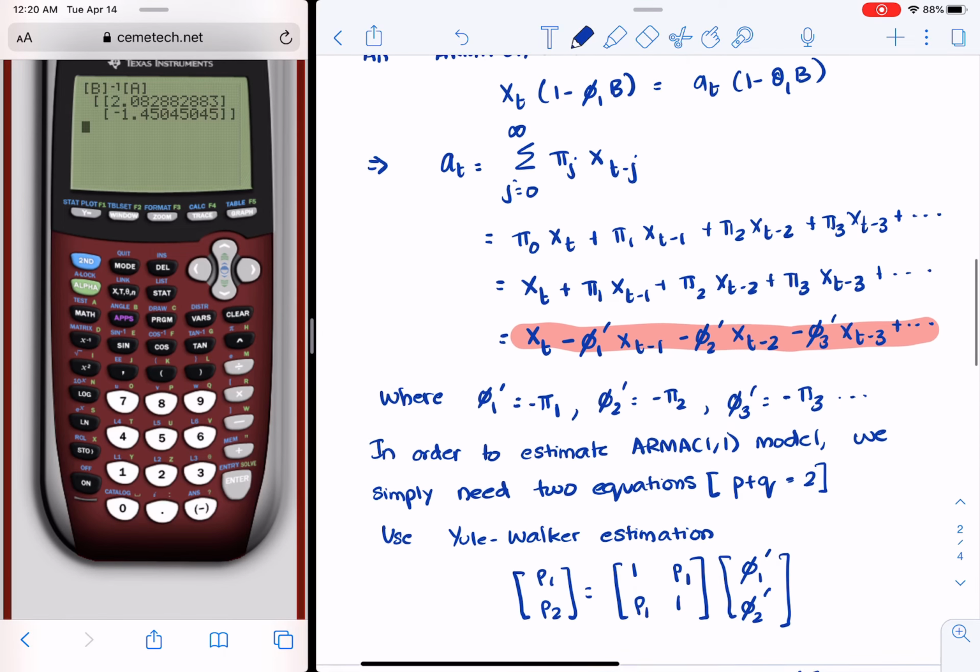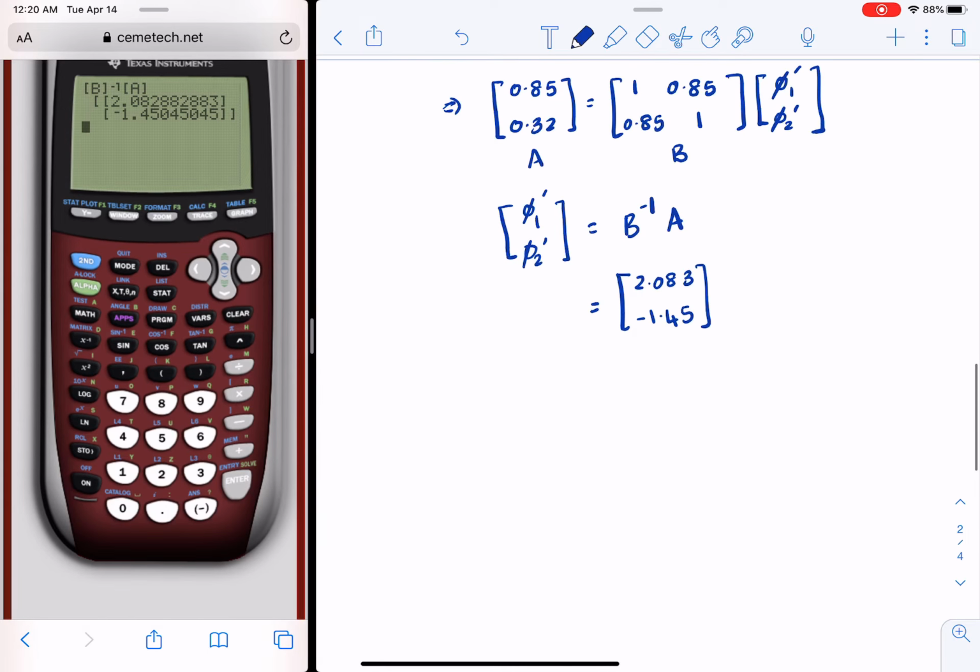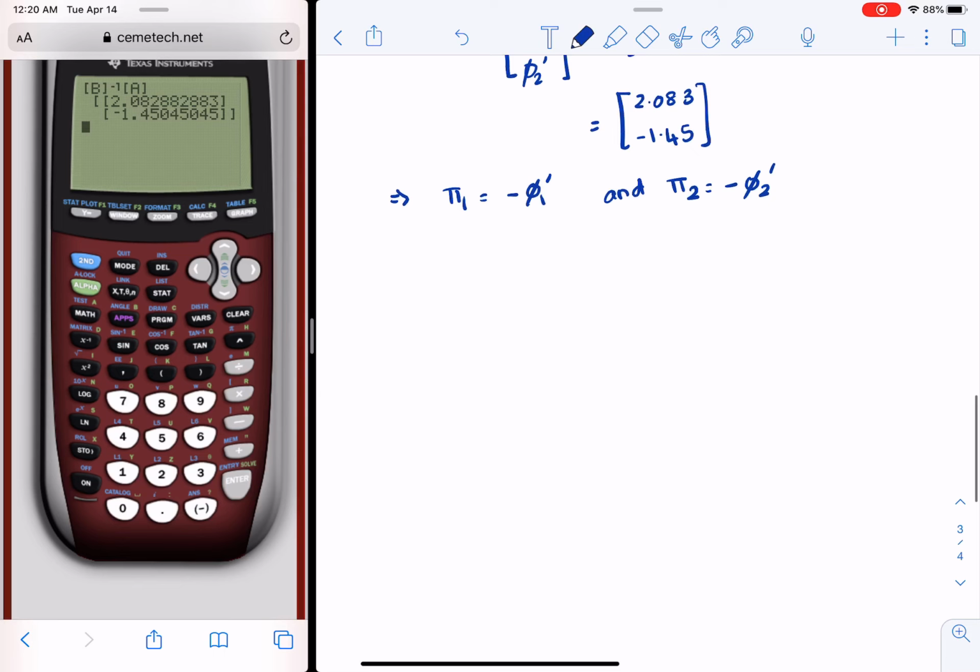So we have to go back and realize that pi 1 is minus phi 1 prime, and pi 2 is minus phi 2 prime. We know that pi 1 is simply phi 1 minus theta 1.